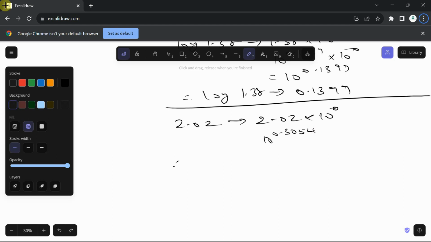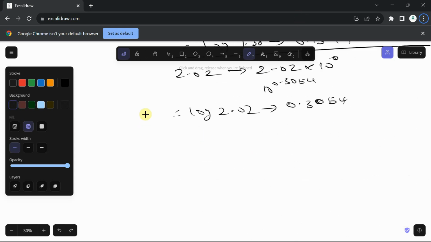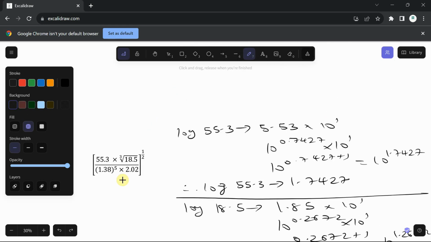So therefore my log of 2.02 is 0.3054. Great, so we have all the logs. Now let's put it inside the table. So these are number and these are log. So the first number is 55.3.